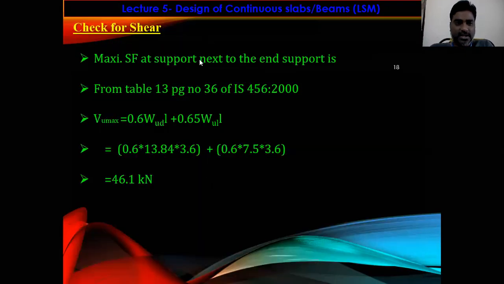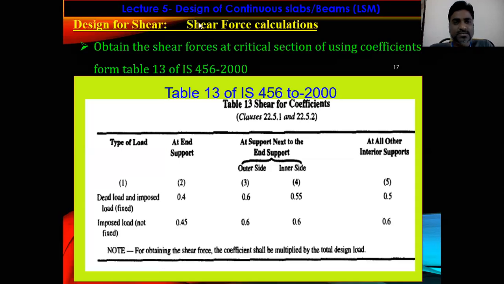So for that, I need to calculate the maximum shear force. The maximum shear force can be calculated from the shear coefficients given in table number 13 of IS 456-2000. From this table, you can easily observe where you will get the maximum.